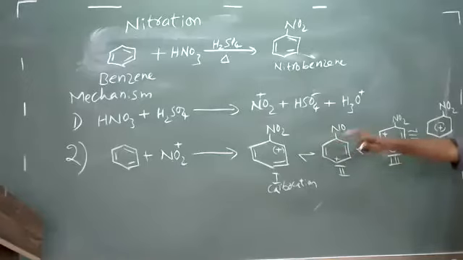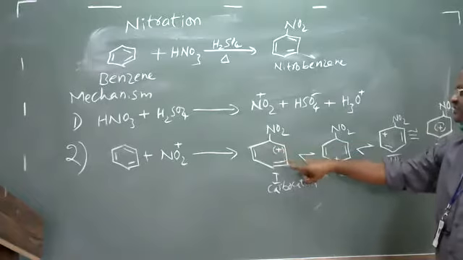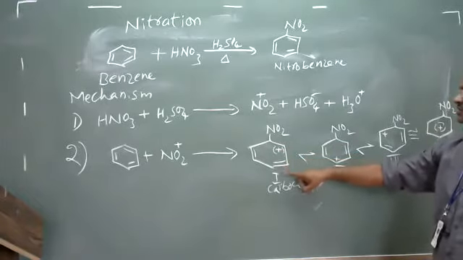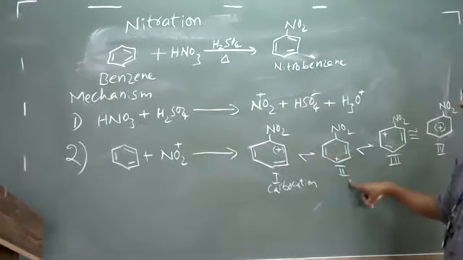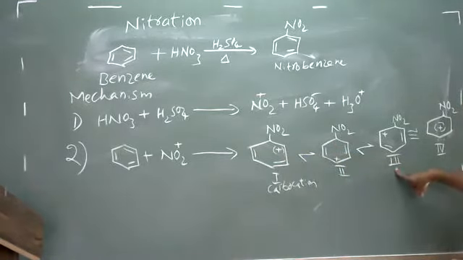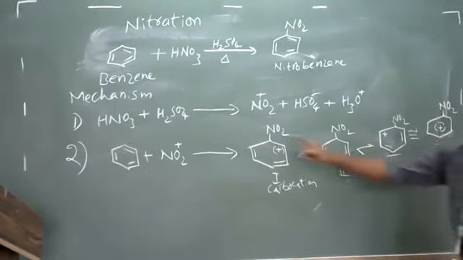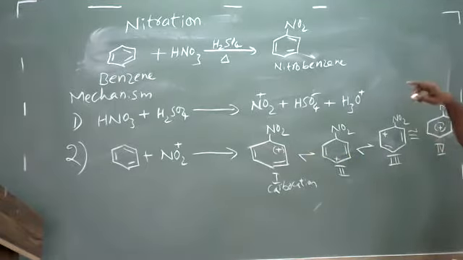So nitrogen takes pi electrons from benzene, forms a bond with the carbon, and the adjacent carbon gets a positive charge. This undergoes resonance, leading to this structure. This also undergoes resonance, leading to the third resonance structure, and when we combine all three, it forms structure 4, which indicates the positive charge is distributed throughout the molecule because of resonance. This structure is the same as the general mechanism I discussed earlier.